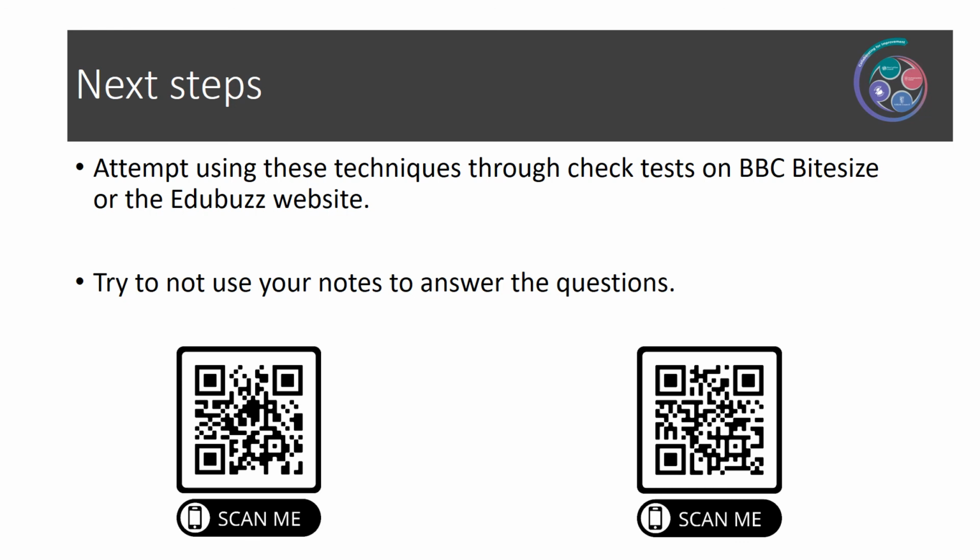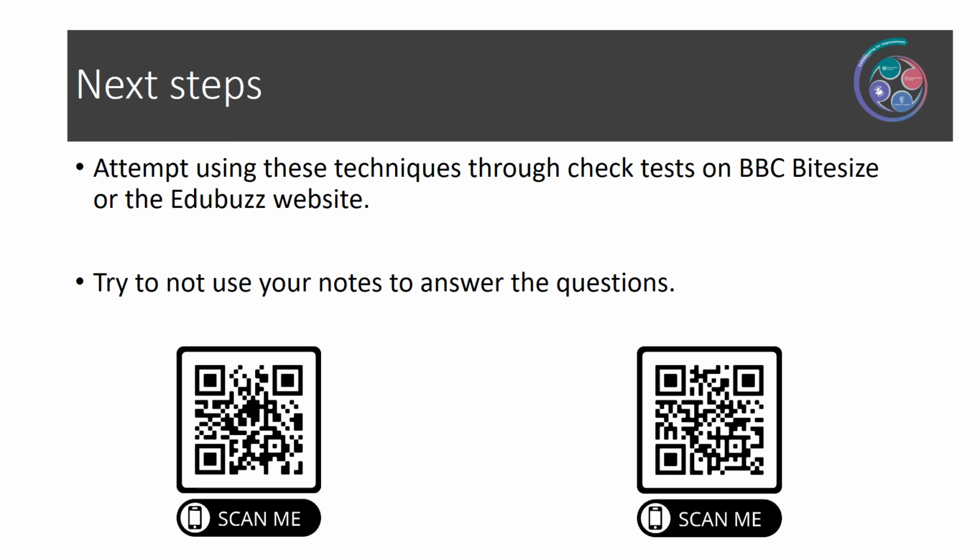But at the end of each section, they have got a check test, which allows you to basically check your knowledge to see if you've understood what you've just looked at in the presentation or whatever it is you've just looked at.